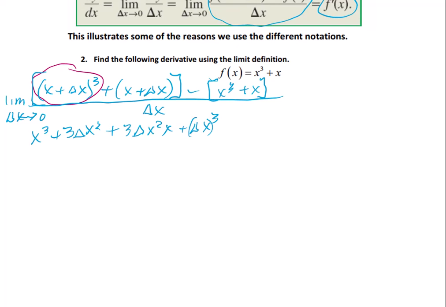Alright, that's our y2. Now I'm going to subtract my y1 stuff from it. So I've got x cubed. It's not a plus though, is it? It's a minus x right here. Minus x. All of that's over delta x. We're still looking for that limit.